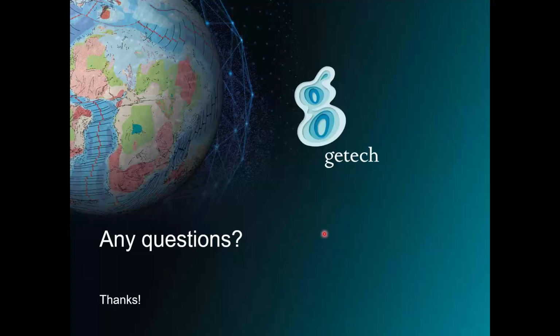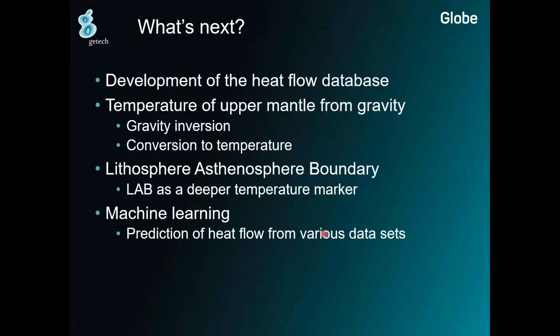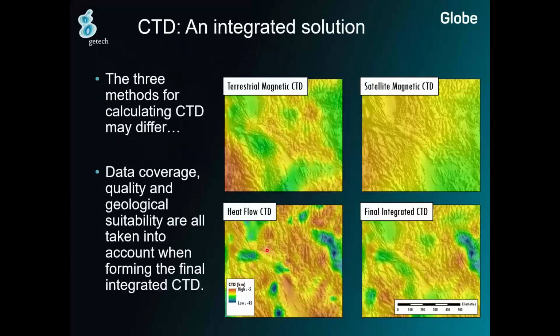So let me go to this slide here. Basically, if we're working with surface heat flow values, it's actually the distribution of the data. As long as they're reasonably consistent, that governs the resolution.